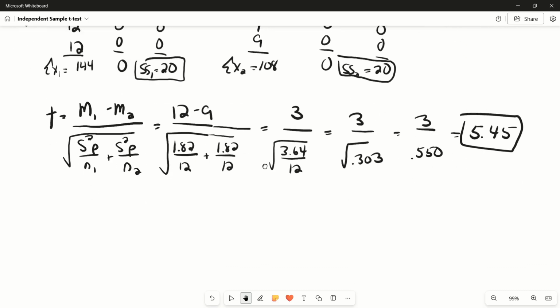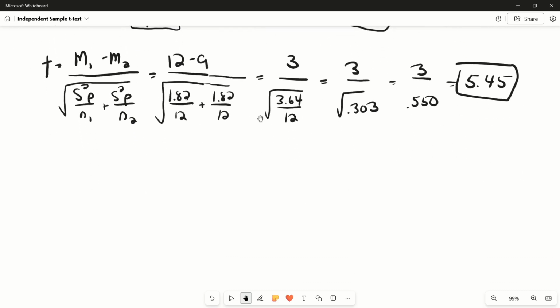Let's find the critical value. For this hypothesis test, we're asking for the critical value at an alpha of 0.01, which is pretty low for alpha. Our degrees of freedom here are going to be 22.